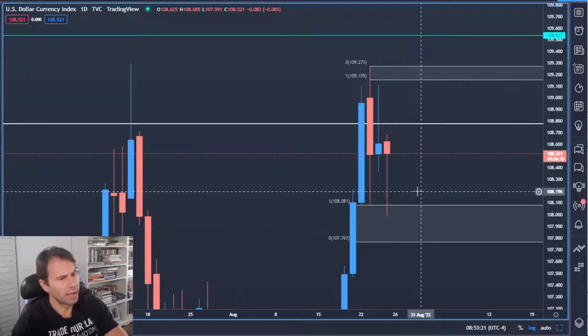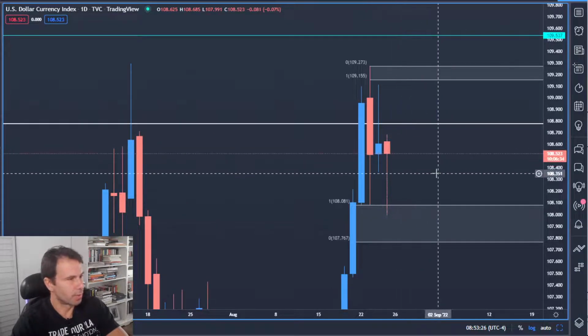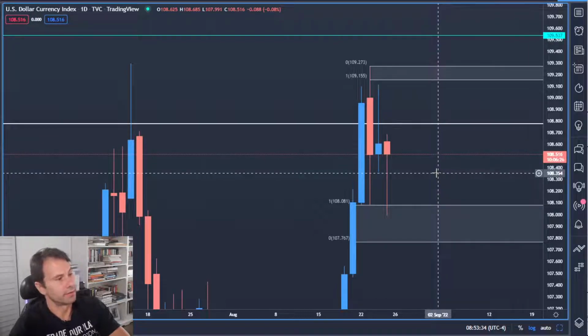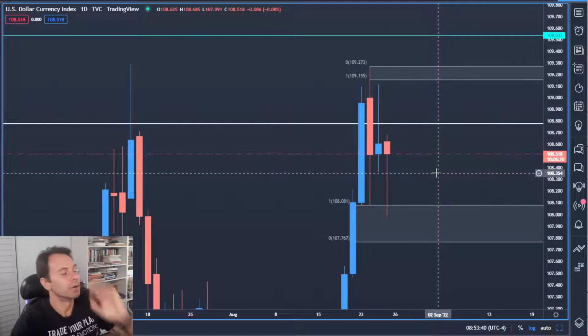The way I like to use the dollar is that most of the time it is inversely correlated to at least the stock market, right? Every time the dollar goes up, stocks tend, but not always, to go down.